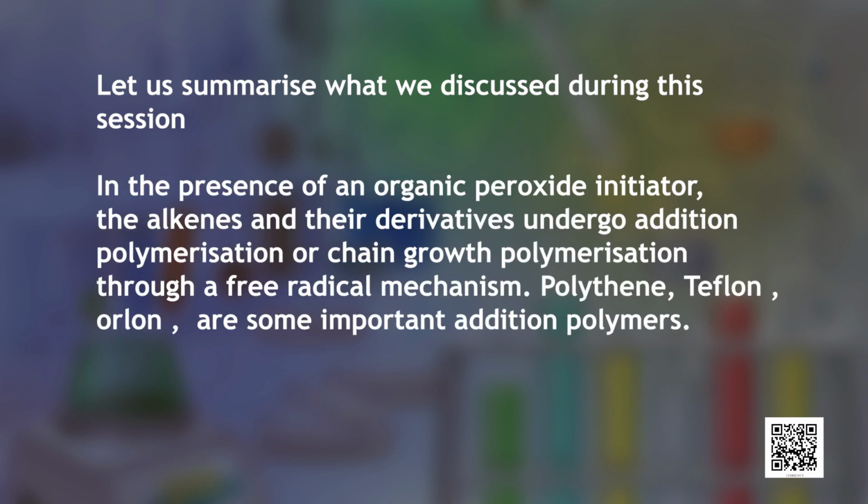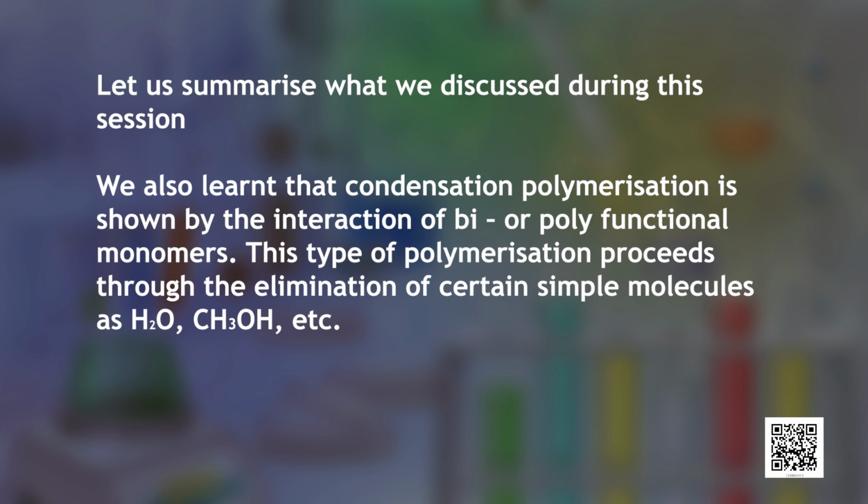Dear learners, let's summarize what we have discussed during this session. In the presence of an organic peroxide initiator, the alkenes and their derivatives undergo addition polymerization or chain growth polymerization through a free radical mechanism. Polythene, Teflon, Orlon are some important addition polymers. We have also learnt that condensation polymerization is shown by the interaction of bi or polyfunctional monomers.